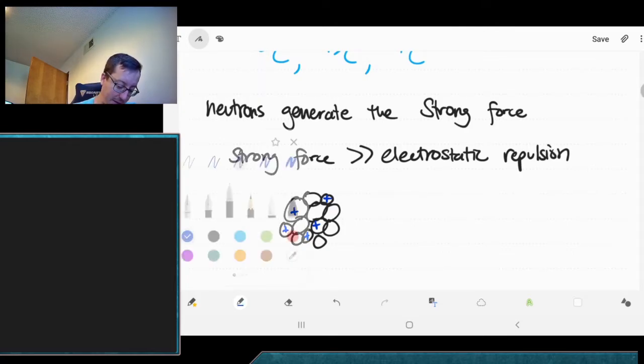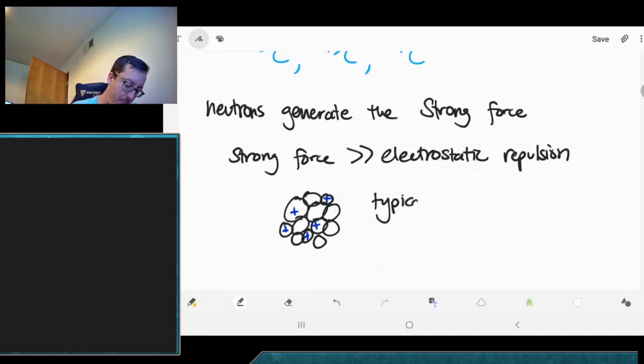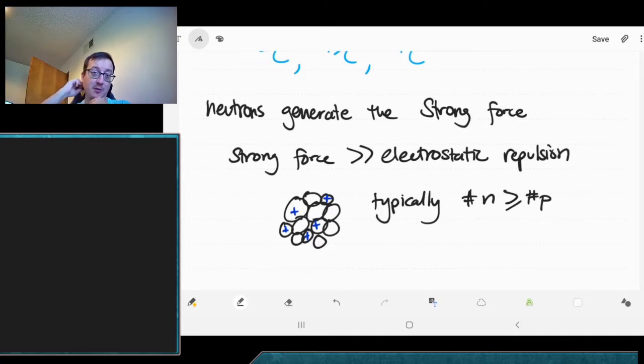So typically, the number of neutrons is greater or equal to the number of protons. Typically. And we're going to see, in fact, as we get to heavier elements, sometimes you need twice as many neutrons as protons. So as the number of protons gets bigger, you need more and more neutrons to keep them in check.